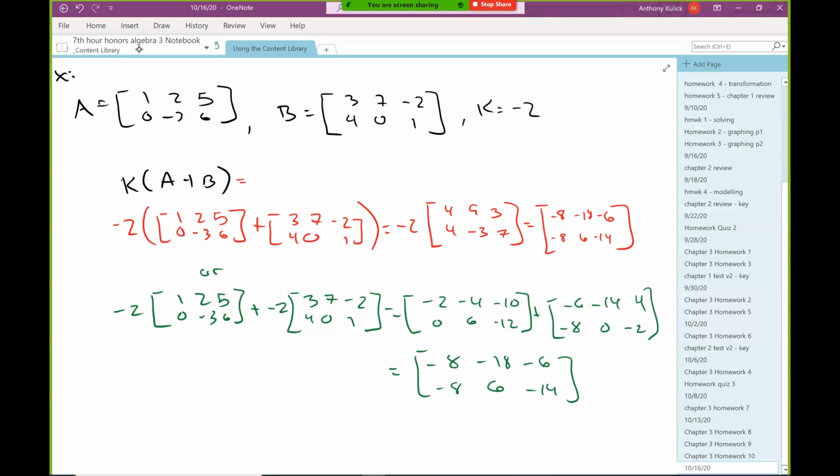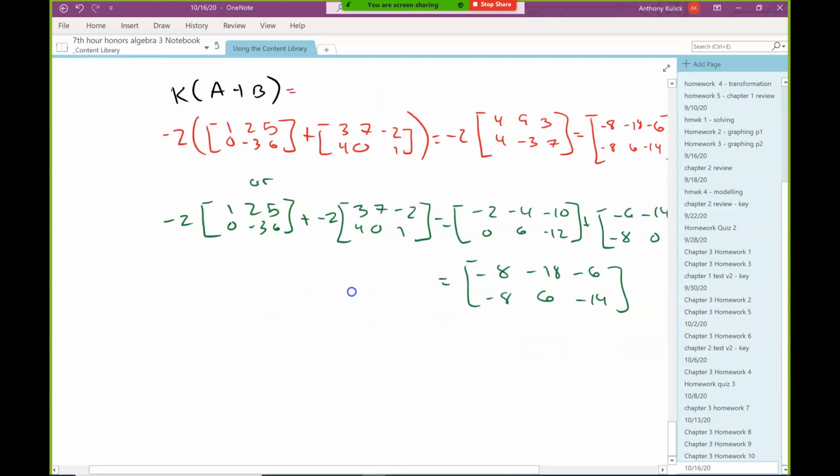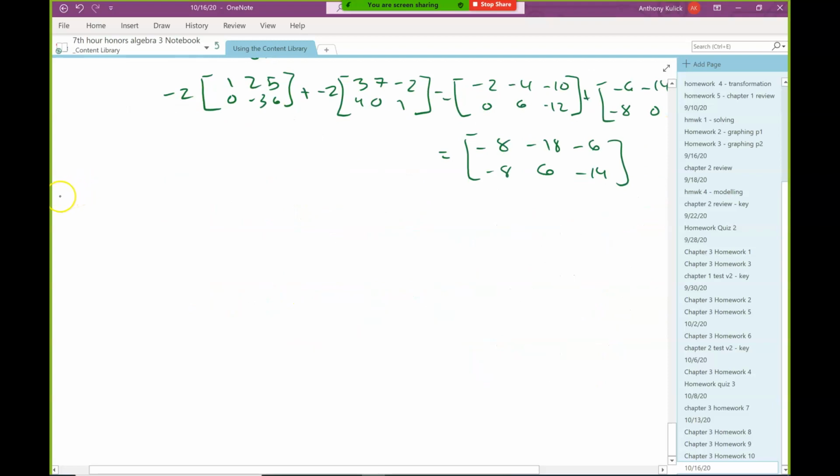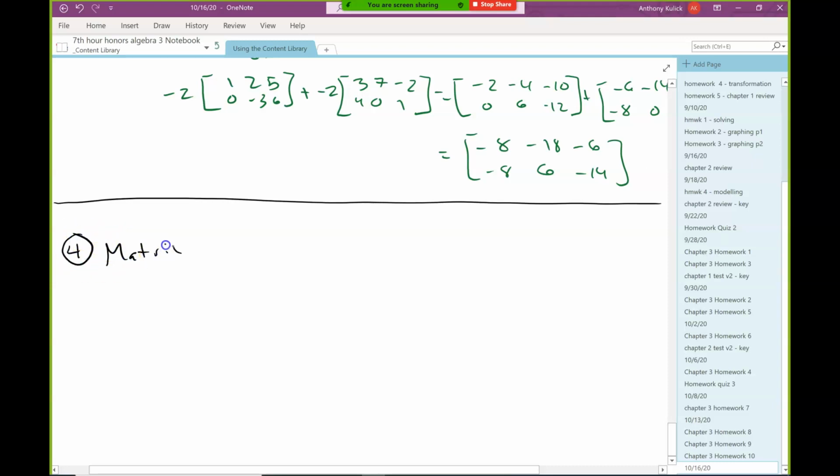Everything worked very intuitively. Right now, things are going to start changing a little bit. So we have our fourth matrix operation. This is called matrix multiplication. And here things are going to change and get a little weird.